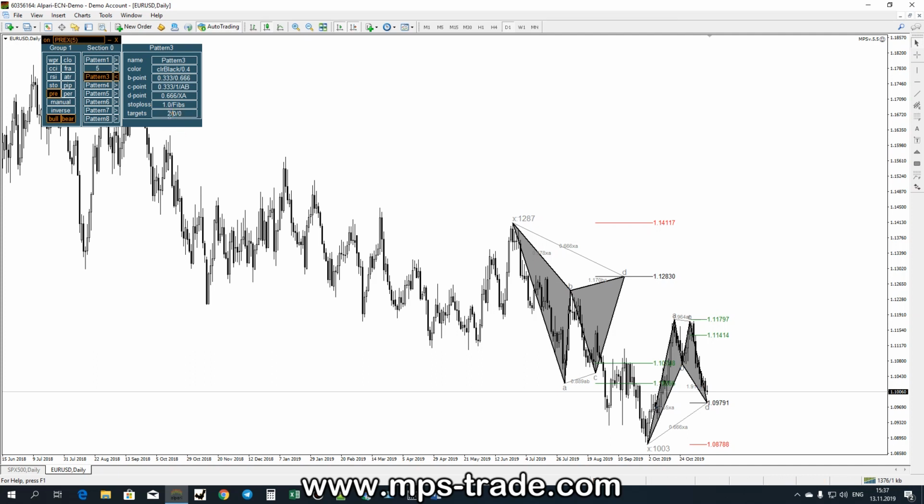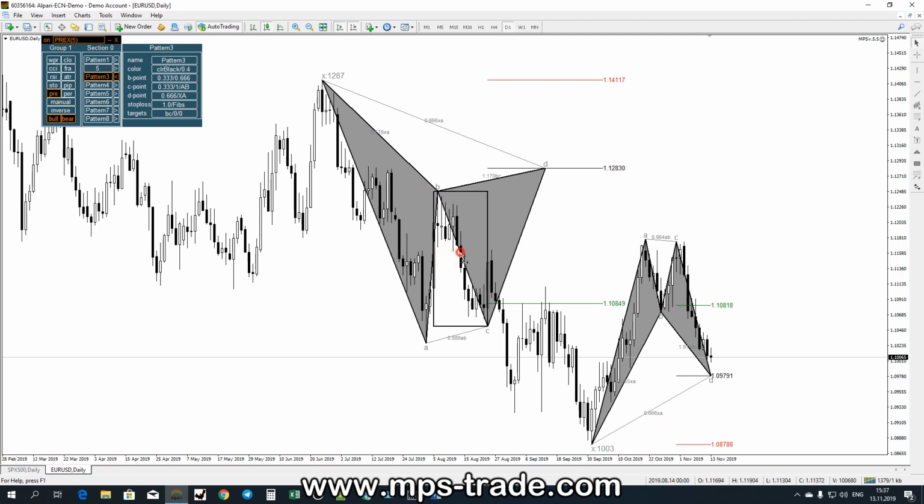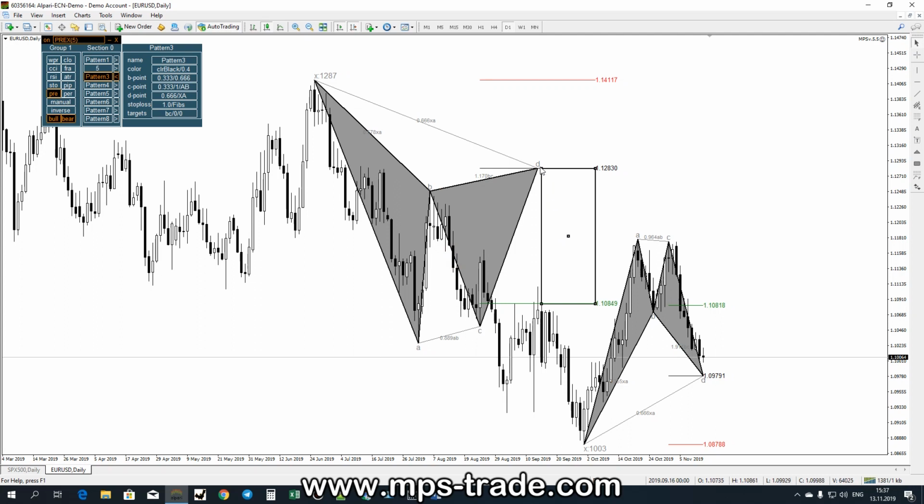And here's the idea that I was explaining to you today. I told you that you now can use BC targets. So this is the target, let me zoom in. This is the target based on your B to C leg. If you measure your BC range and then simply paste it here, suppose your pattern completed here, this BC completion would be very nice for your first target.